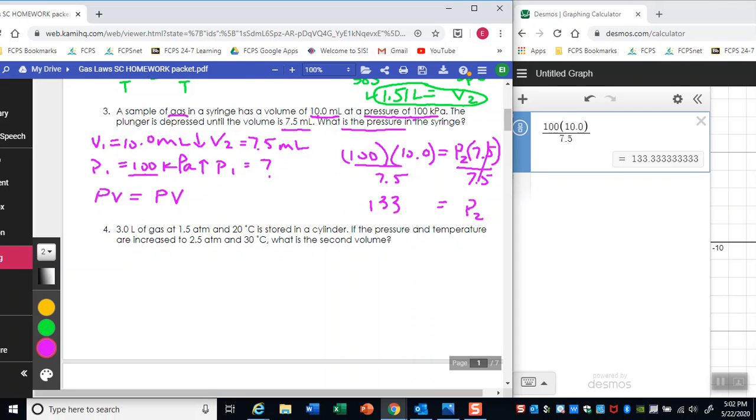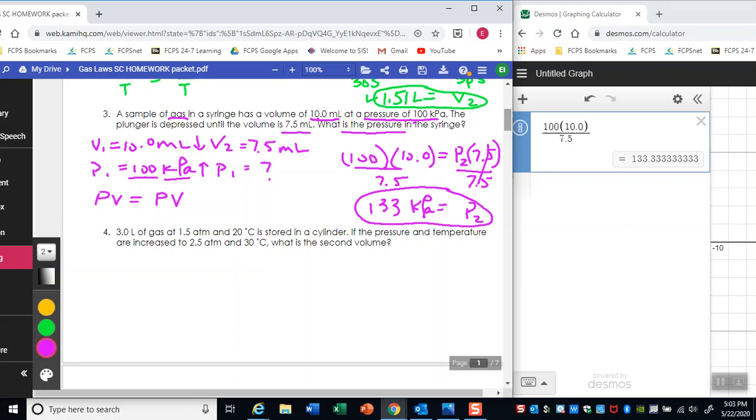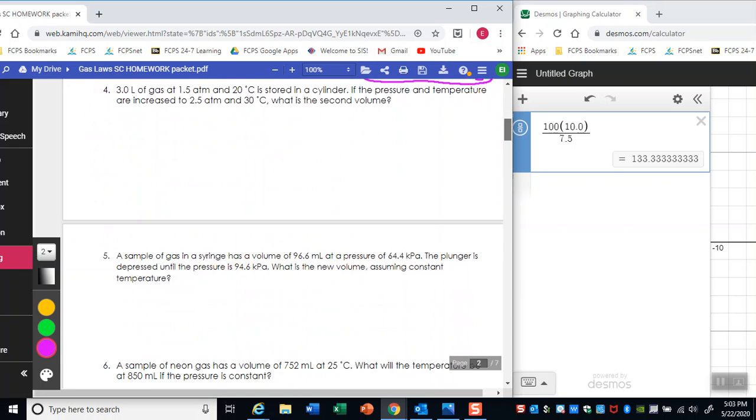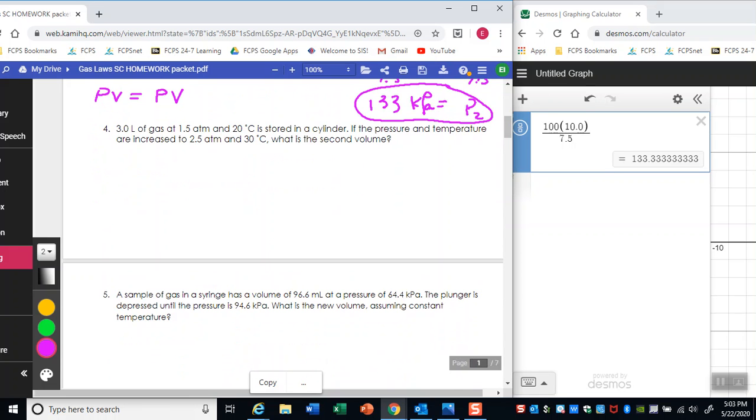And the units I was using were kilopascals, so I have kilopascals. And that is my final answer. All right. Gets easier and easier the more you practice. So let's check out number 4.